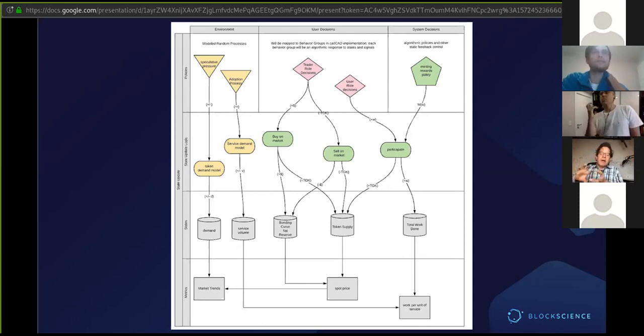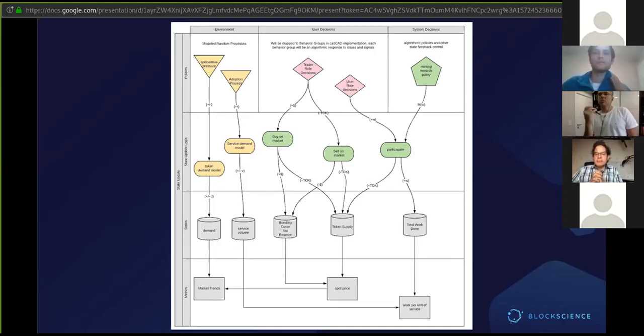So by intuitively thinking about things at the policy level, how you design an implementation of a policy goes both ways. It goes towards system design, but also it goes towards basically modeling.